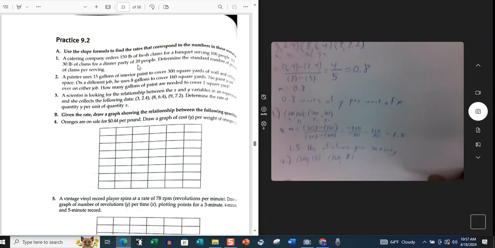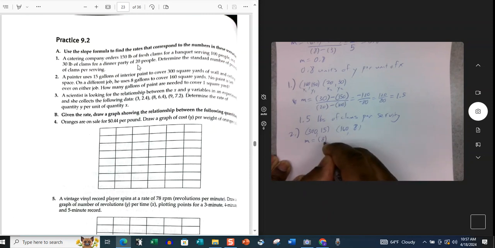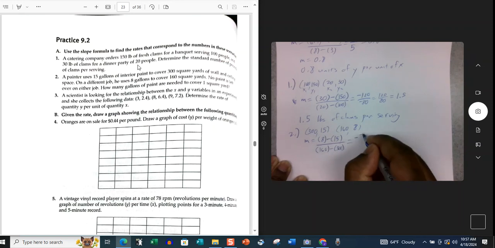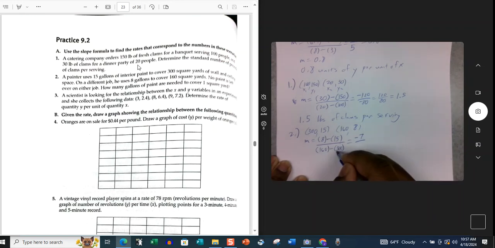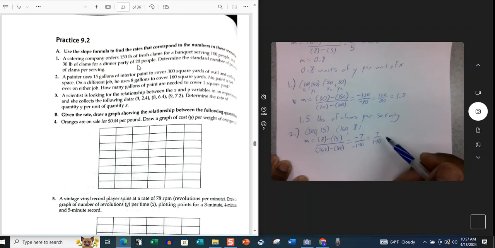All right, now we have the slope is equal to Y sub 2, which is 8, minus Y sub 1, which is 15, all over X sub 2, which is 160, minus X sub 1, which is 300. 8 minus 15 is negative 7. 160 minus 300 is a negative 140. A negative divided by a negative is a positive. So we will have 7 over 140.